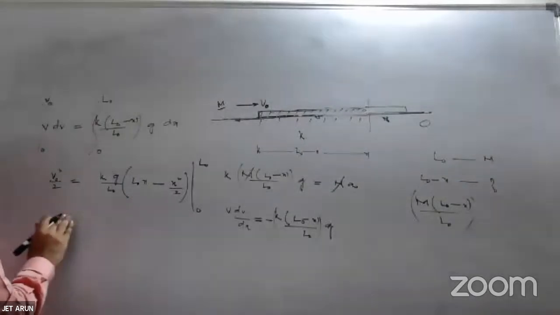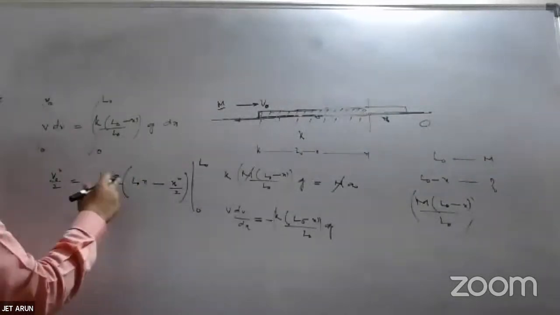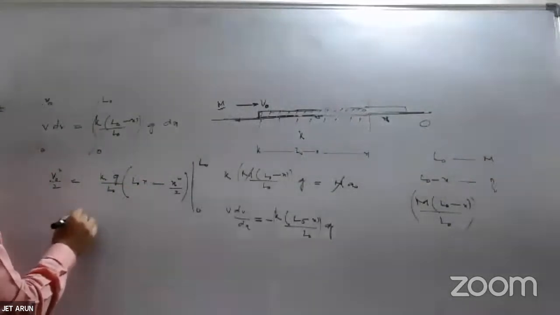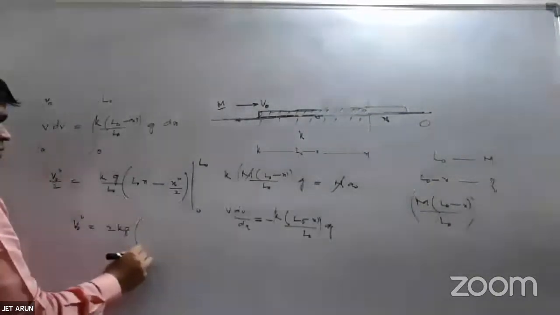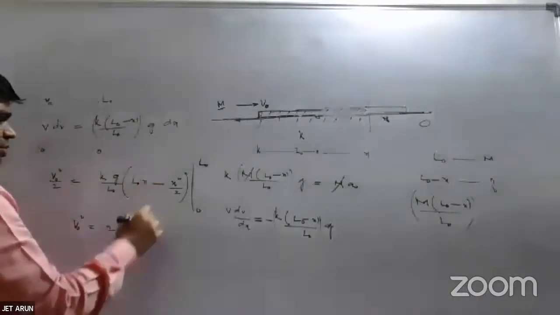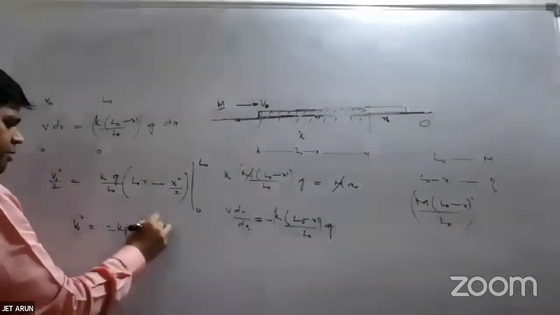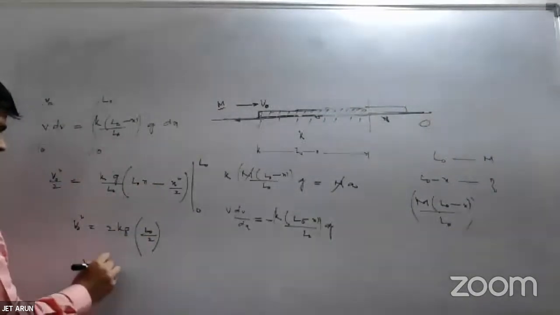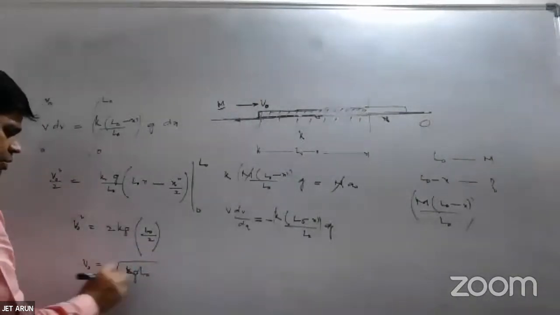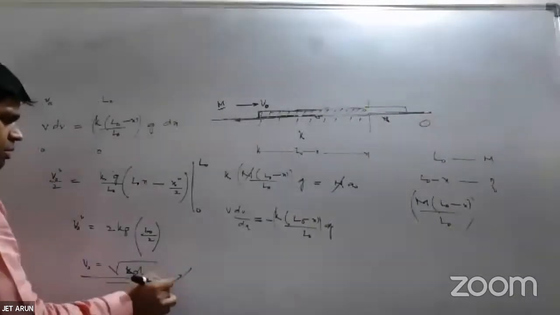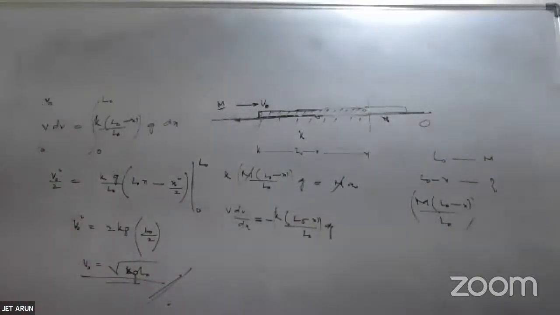So L naught gets cancelled out, L naught square by 2. So v naught square is equal to 2 mu g times L naught by 2. So v naught is equal to root of mu g L naught. I got the same thing.